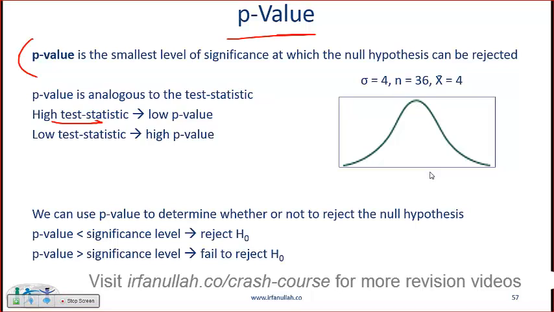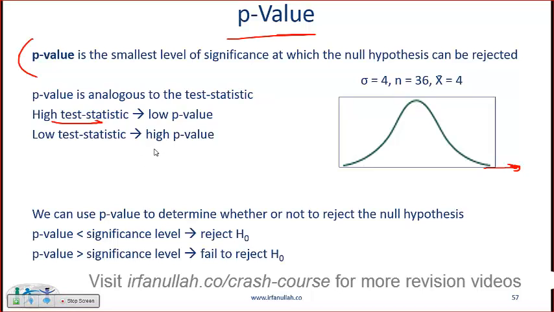A high test stat means low p-value. So if you come up with a test stat that is, let's say, way out on the right, the p-value is that little bit of probability that is still left. So high test stat means low p-value, and a low test stat would mean a high p-value.